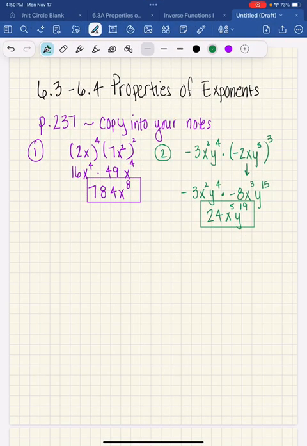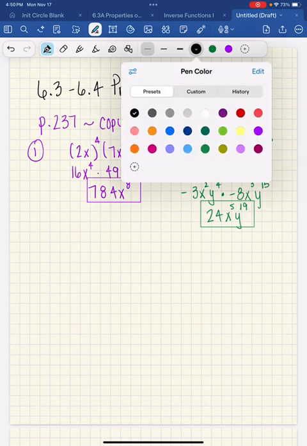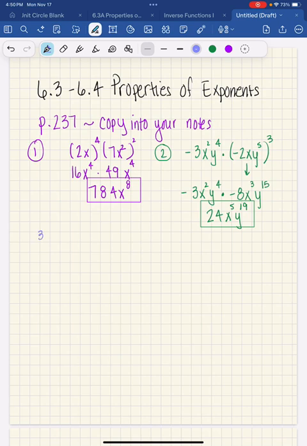Okie dokie. When you have a fraction that is raised to a power, so if you have something like 12x to the 12th, y to the 7th, over 3x cubed y squared, and that whole thing is raised to the 4th power.